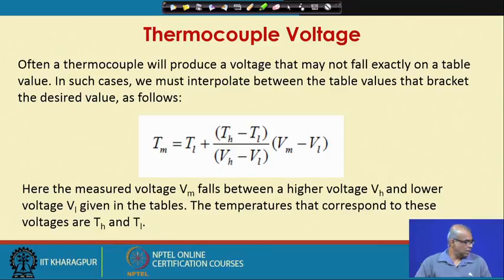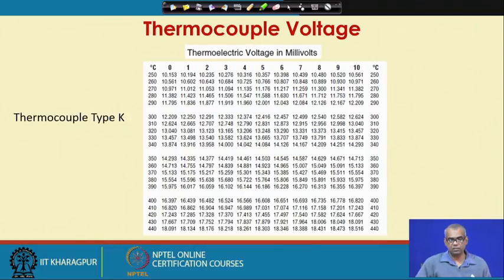Now, as you see here, the table gives you what will be the EMF produced if the measuring junction is kept at certain temperature and the reference junction is always kept at 0 degree Celsius.